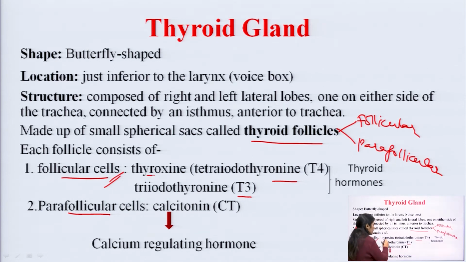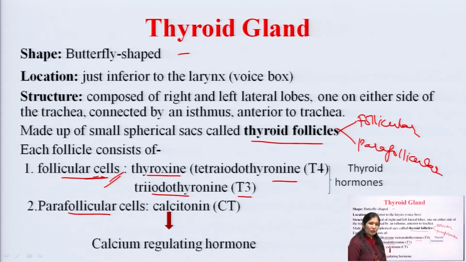So, thyroxine and triiodothyronine, T4 and T3, are thyroid hormones which are synthesized in the follicular cells of the thyroid gland.